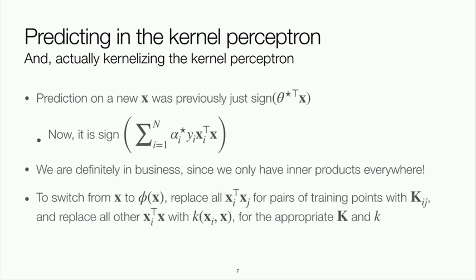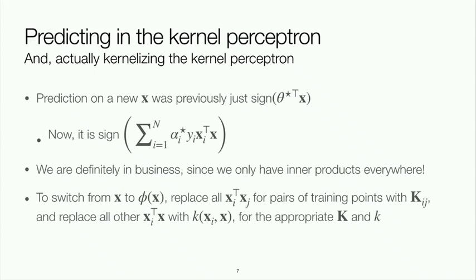So basically, if I want to stop working in my original feature space x and work in some other feature space phi of x instead, as long as I can define a kernel function that represents that feature space, all I then have to do is replace all of my xi transpose xj, the training points, with my kernel matrix, the ijth entry K_ij.